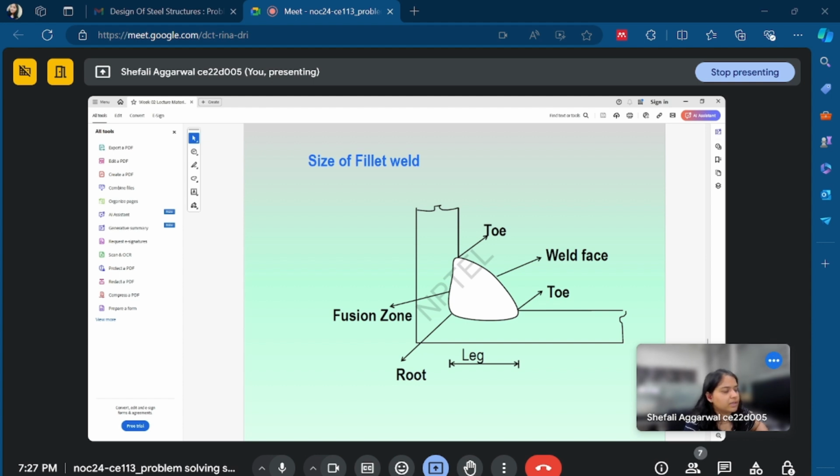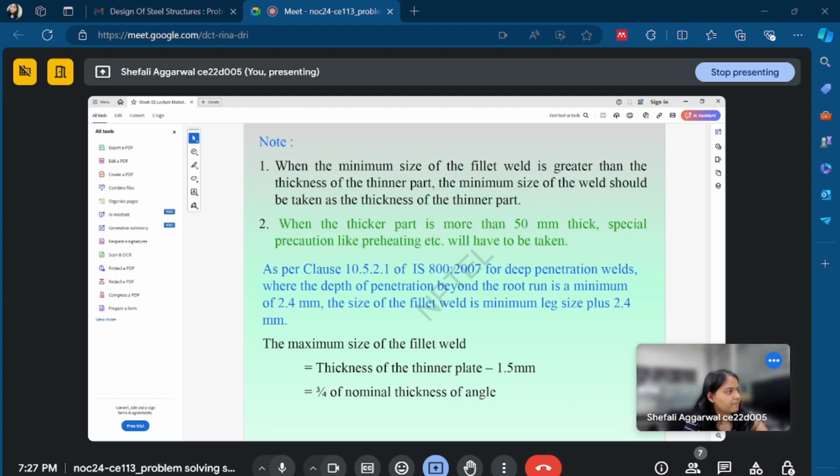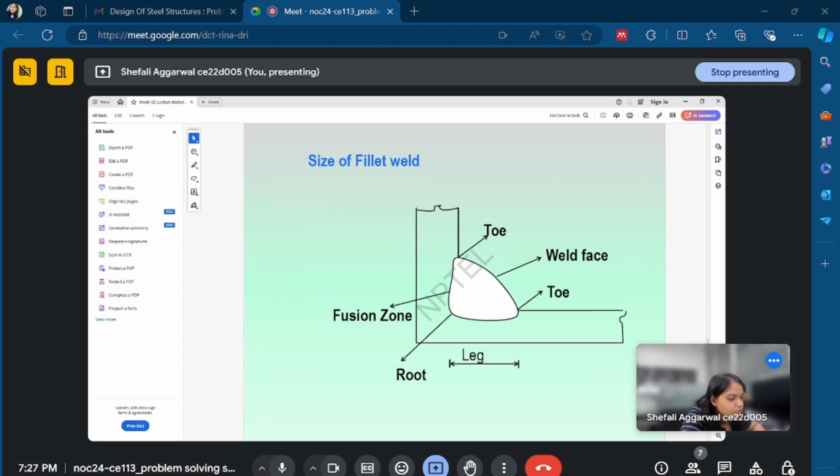So it's saying for deep penetration welds, where the depth of penetration beyond the root run is a minimum of 2.4 mm. Deep penetration means the depth is beyond 2.4 mm.